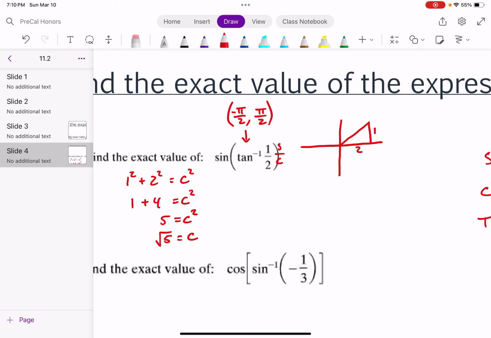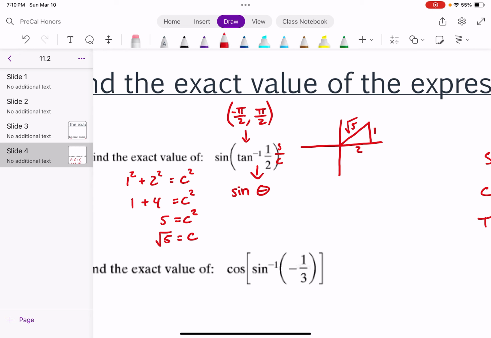And that right there would be our hypotenuse. Now, once we have found the sine, or the tangent, inverse tangent of 1/2, which would be the sine of theta.